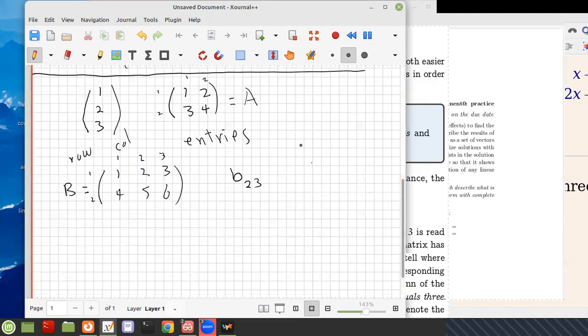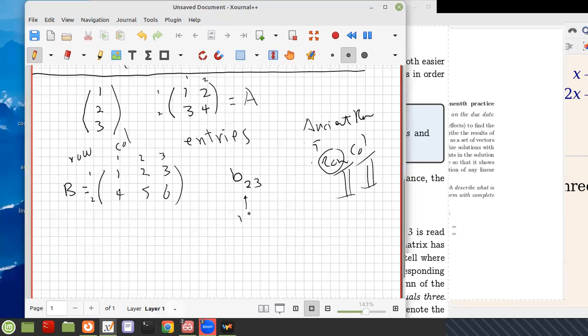Think of Roman columns in an ancient temple, so the row comes first. This is always the row, and this is always the column. So B23, row 2, column 3, equals 6. B23 is a name for this entry. It's just an index notation.